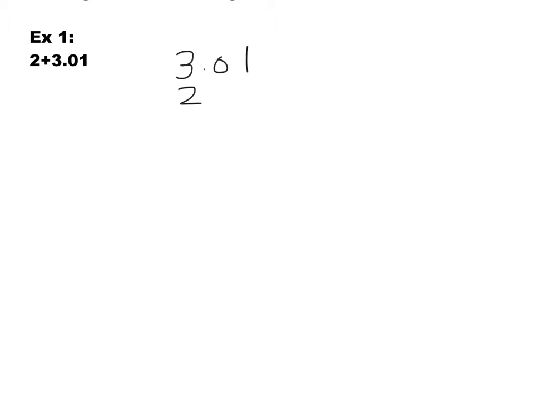So 2.00. Remember that you can change any whole number like 2 to a decimal number by just adding a decimal point, and you can add as many zeros after the decimal point at the end of the number. So I can write 2 as 2.00.